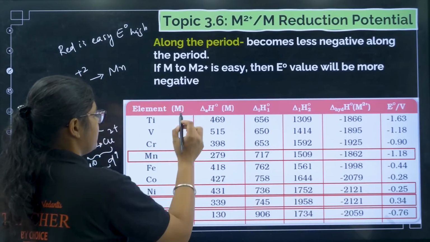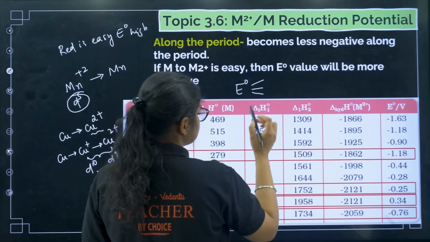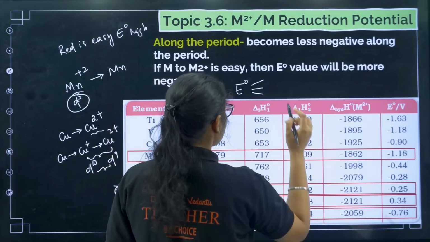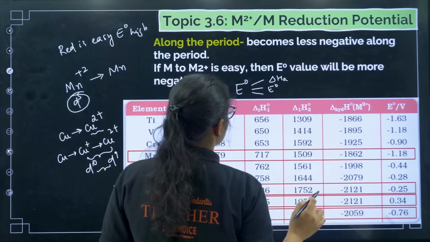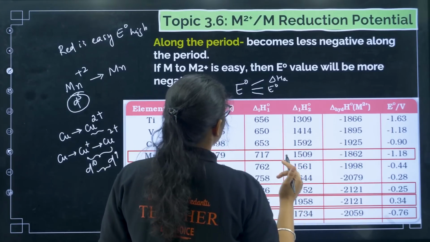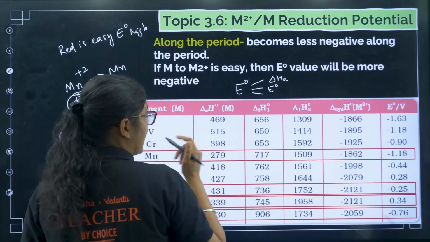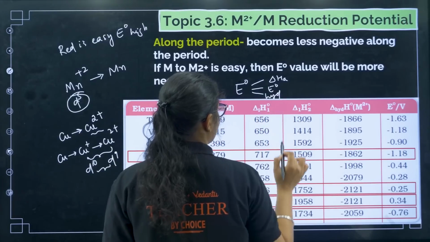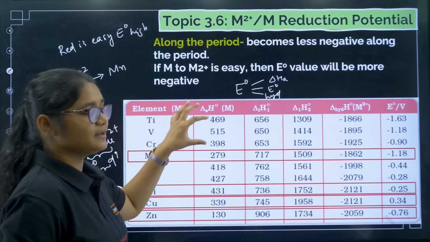So basically, if you remember, E naught value is affected by 3 factors. One is your enthalpy of atomization, then you have ionization enthalpy, and the next one is your hydration enthalpy. In this case, this E naught value of copper is very, very high.